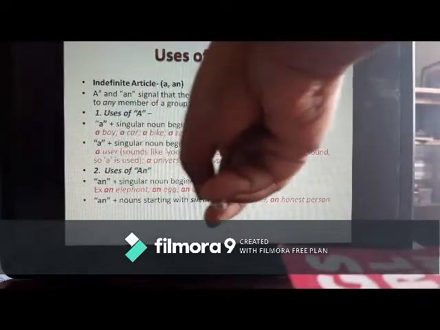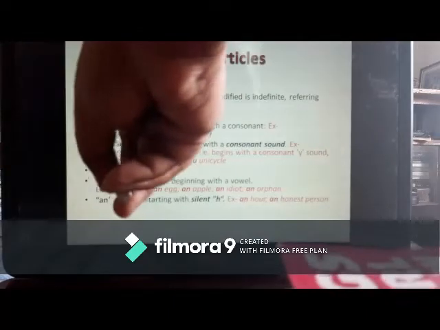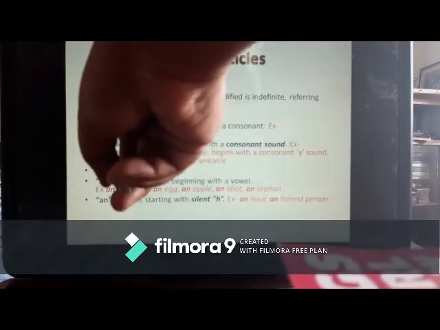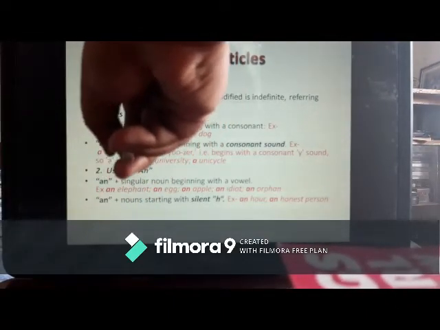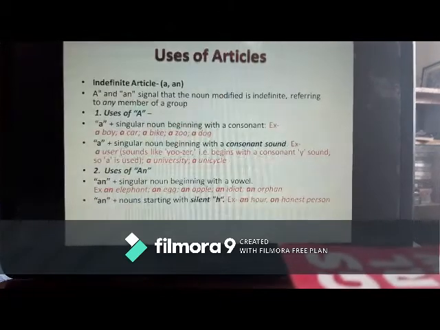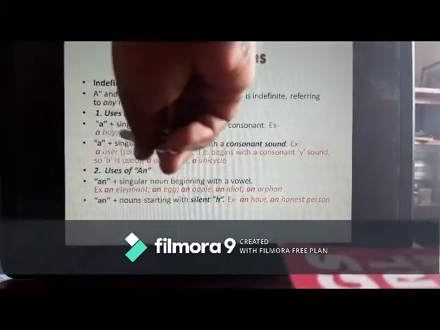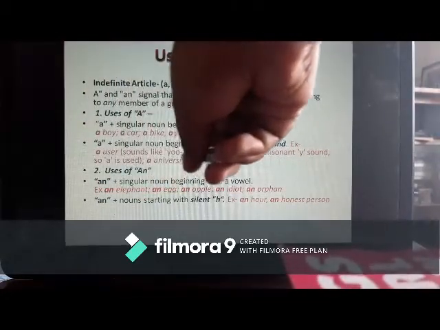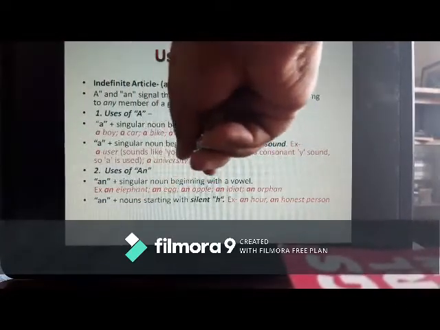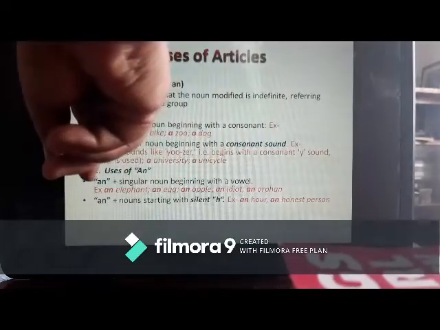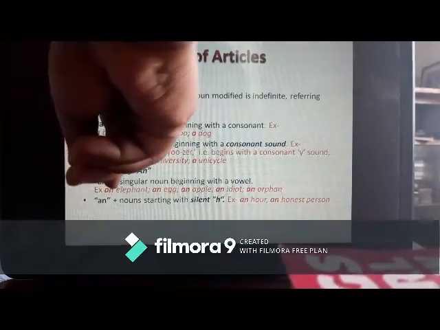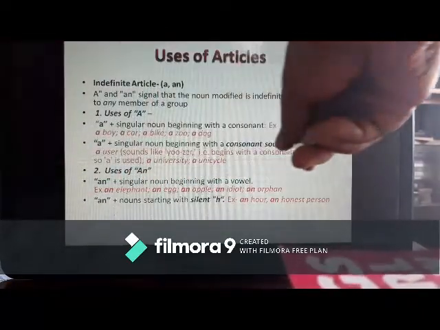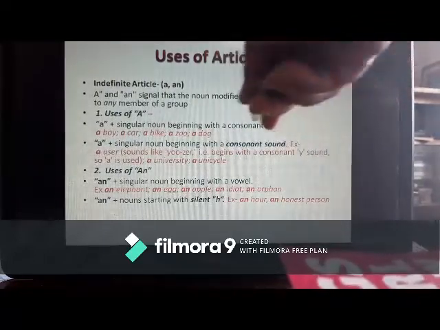The same goes for university and unicycle. A user. Why? Here we can see that a vowel is being used in the beginning, and then ya, because the sound is like ya, y. That is why we use a user. Here it is justified by the consonant sound.